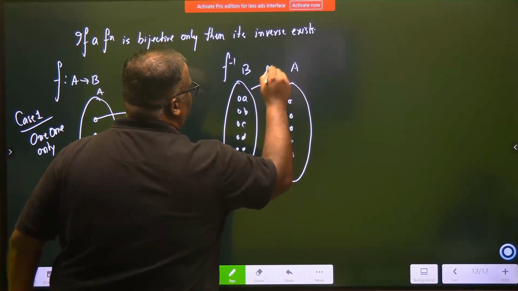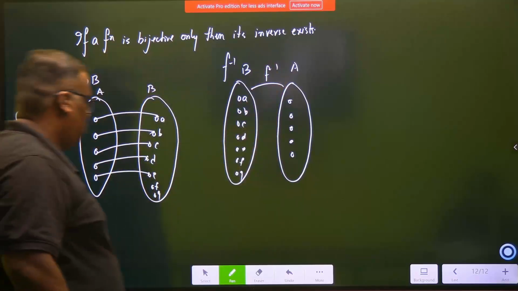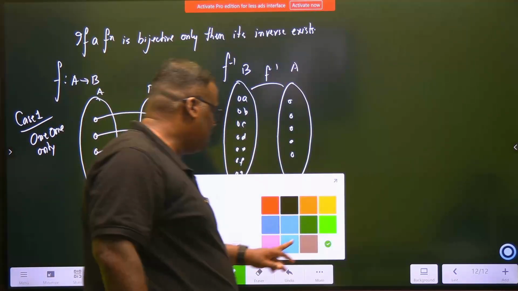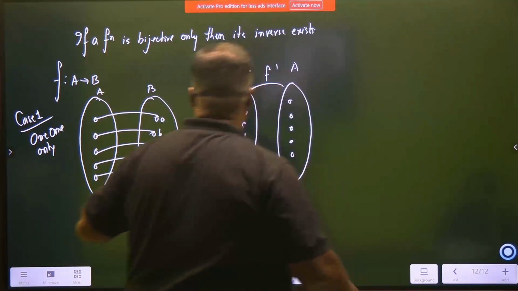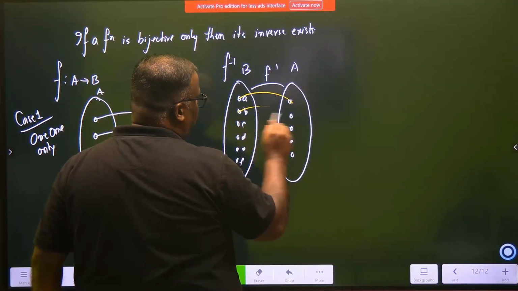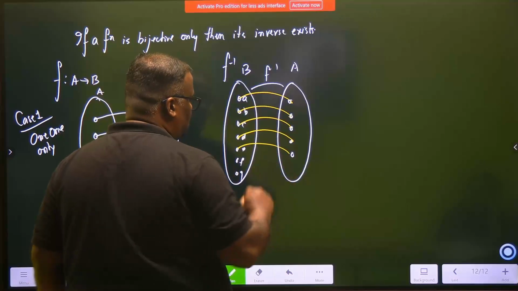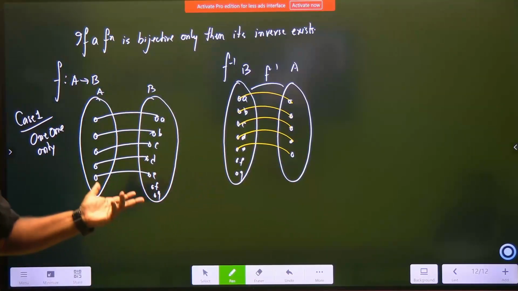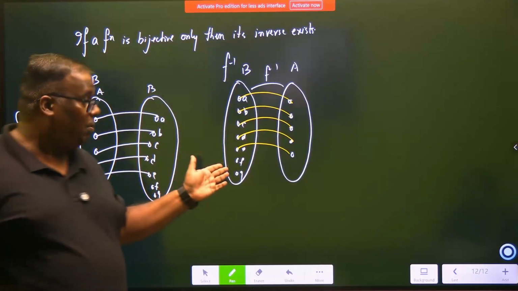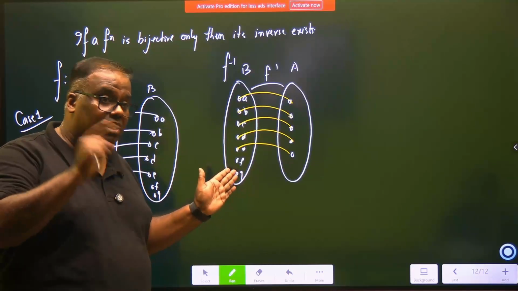Now, this is the inverse function. You created an inverse function, but A has a mapping, B has a mapping, C has a mapping, D, E. F and G have no mapping. If they are a part of the domain, they are legal inputs.